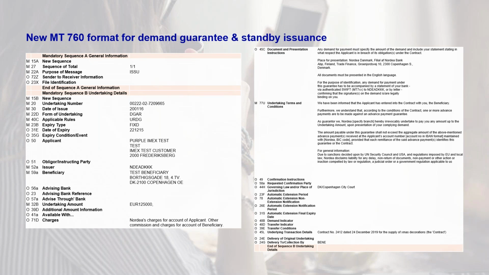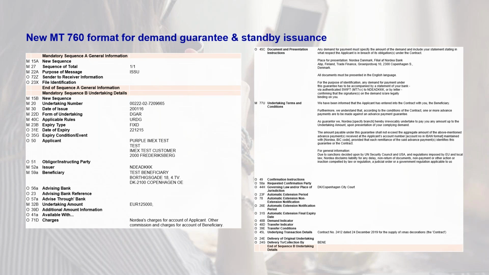And then you have additional details where we can state that the place of jurisdiction is, for example, Copenhagen City Court. Or you can state that, for example, the country would be US, and then in the additional details, you could state New York State law. So this is an optional field. It doesn't have to be filled in.